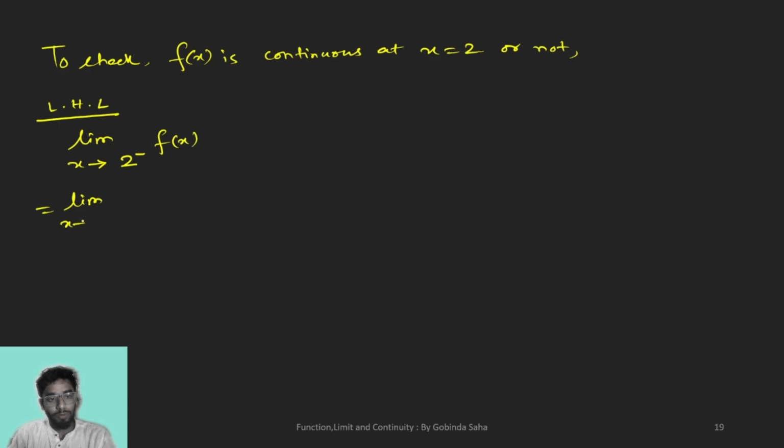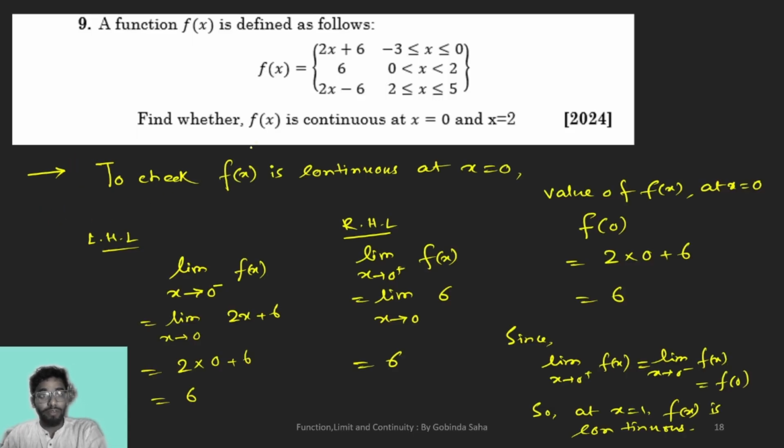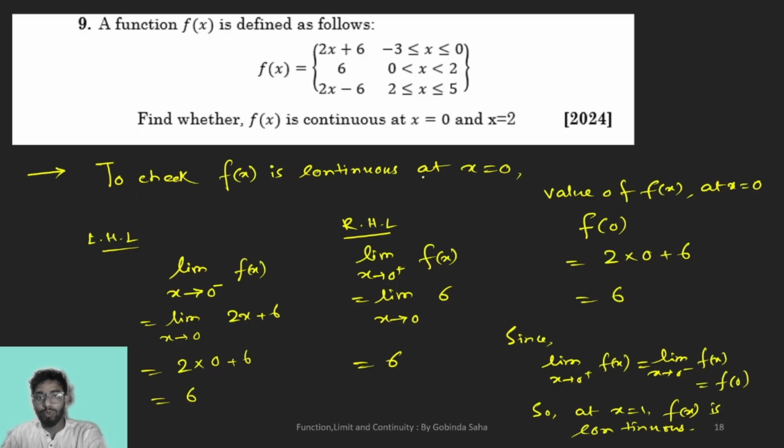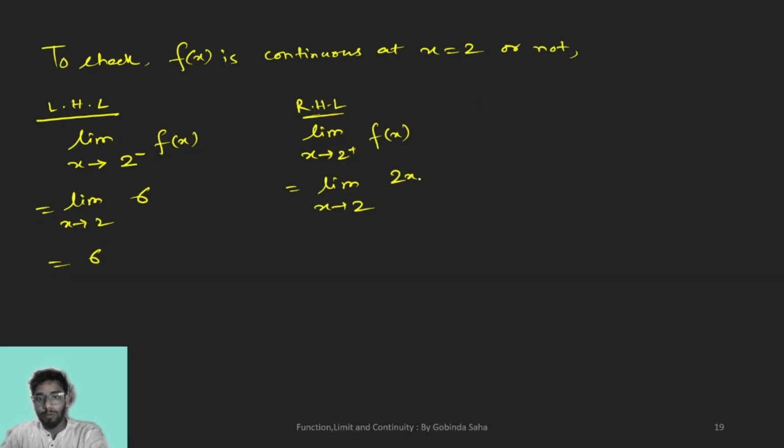So limit x tends to 2 and then the value of fx, it will be less than 2, close to 2, it will be 6, the middle one, so it is going to give you 6. Then right hand limit is going to give you 2 plus fx, limit x tends to 2 which is greater than 2, so 2x minus 6. If you put the value, it is nothing but 4 minus 6, minus 2.